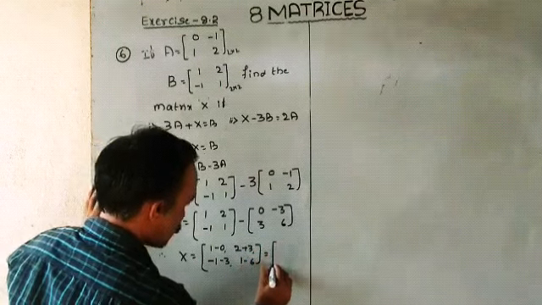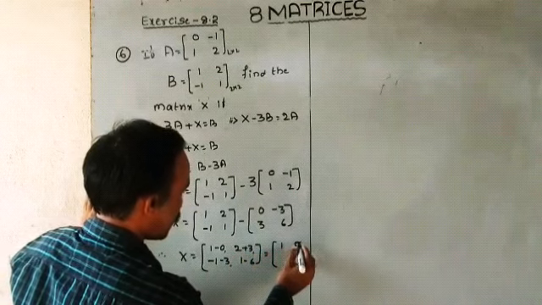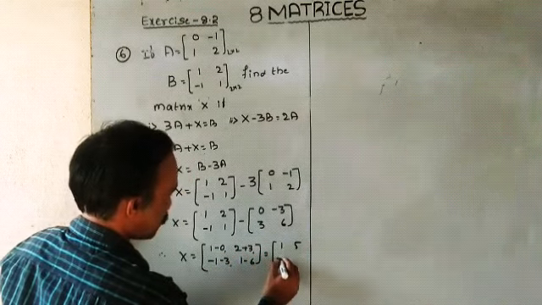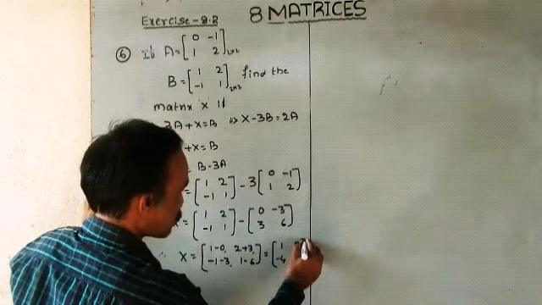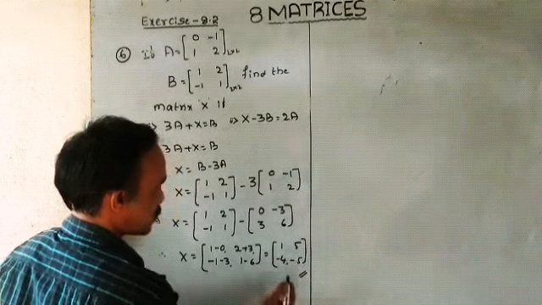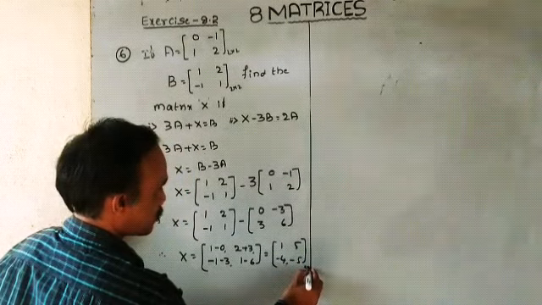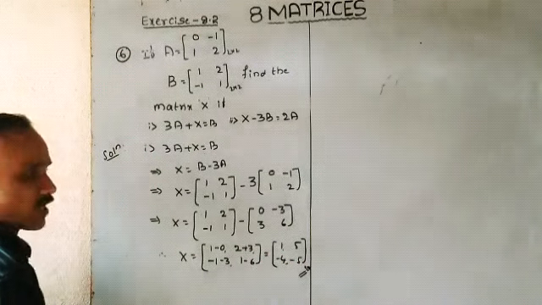Therefore, X is equal to 1 minus 0, which is 1, 2 plus 3, which is 5, minus 1 minus 3, which is minus 4, 1 minus 6, which is minus 5. So this is the final answer. What is the order of this one? 2 cross 2. 1, 5, minus 4, minus 5.